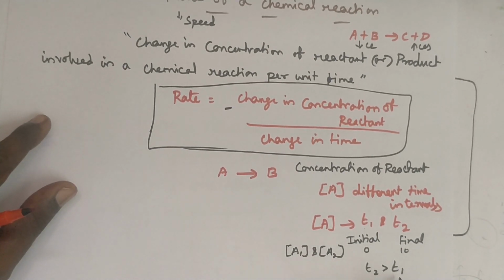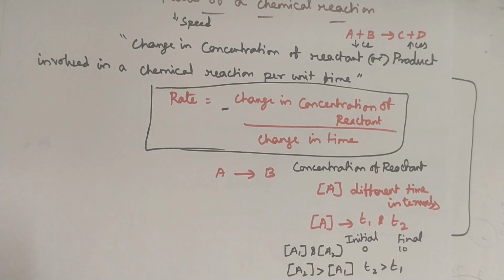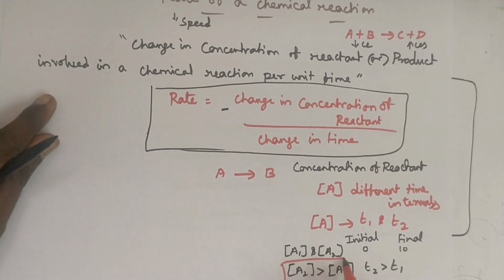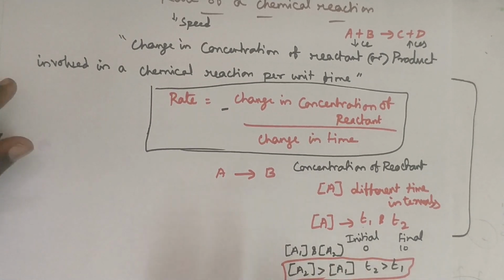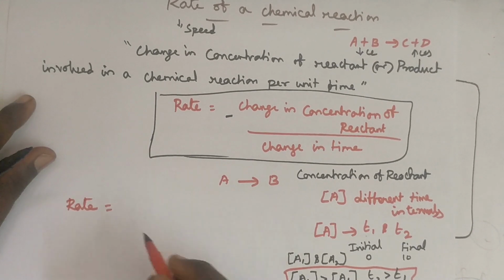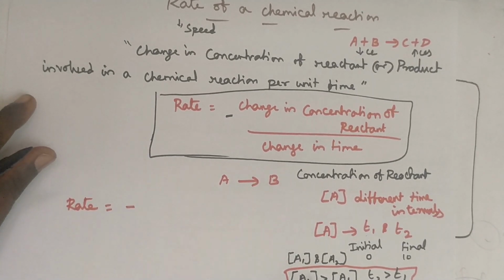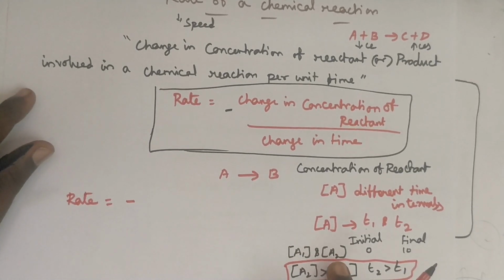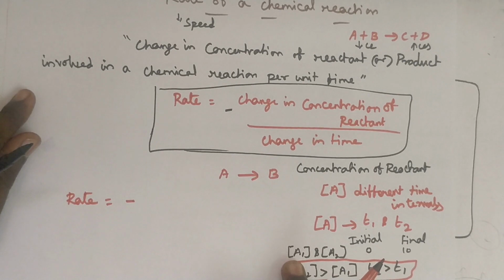T2 is always greater than T1, which means the A2 concentration of final product is always greater than initial. So for this, the rate of the reaction is minus. I will measure the difference, final minus initial. So final concentration is A2, initial concentration is A1.